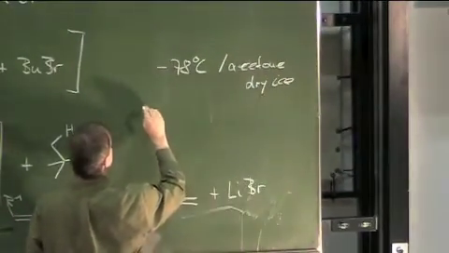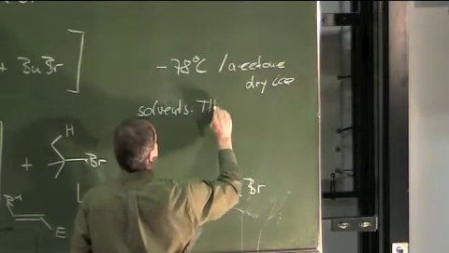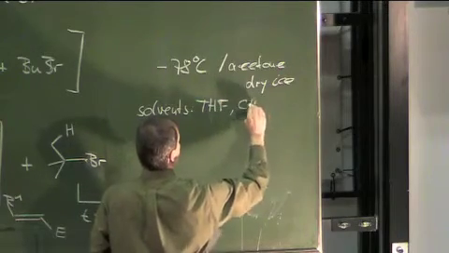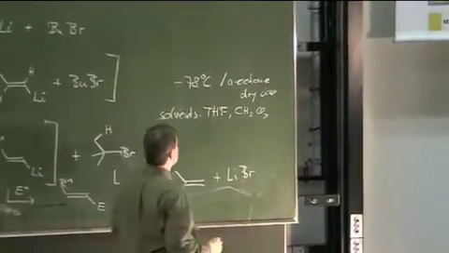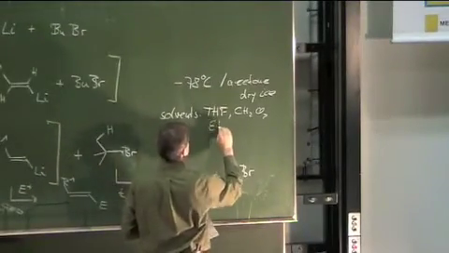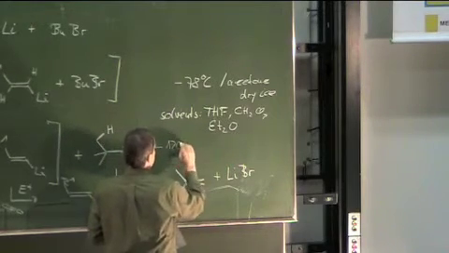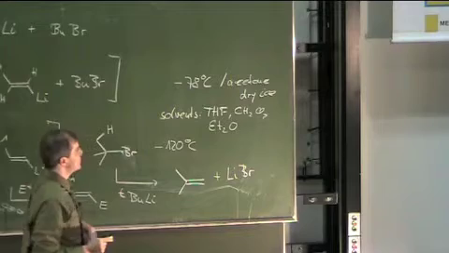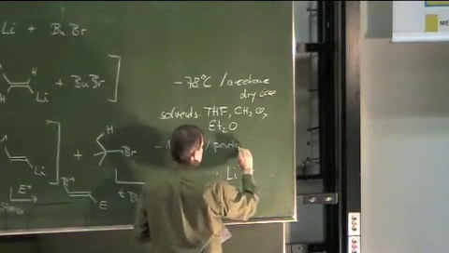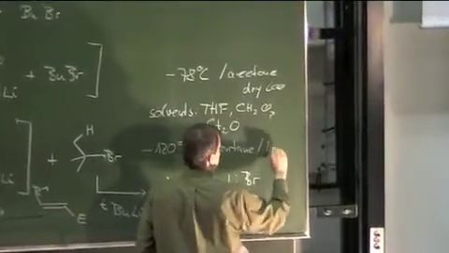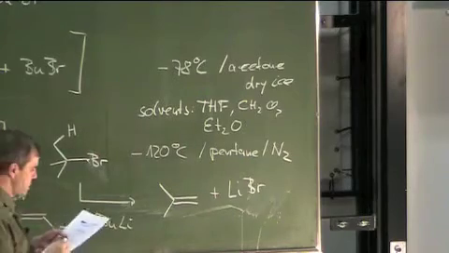Here you are still okay with the solvents typically used like THF, diethyl ether. Of course, dichloromethane, not a good idea to do such type of reactions here. But if you want to go to -120 degrees, which then you usually generate by using pentane and liquid nitrogen, then you have to use solvent mixtures.